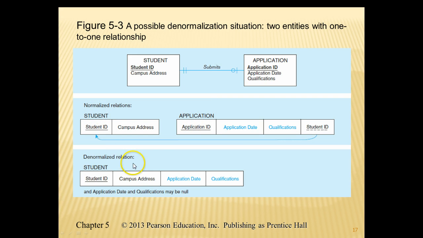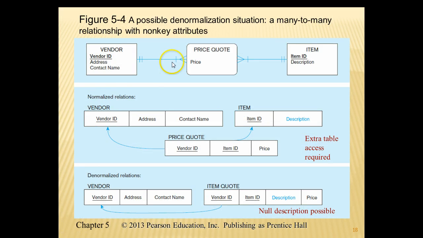So what was done is that it dropped the application ID entirely, and of course you don't need the foreign key anymore. So we have student ID with the campus address from the original student relation, and then we tack on the attributes of application date and qualifications to make one new relation that has those combined. And again, that's for a one-to-one relationship.